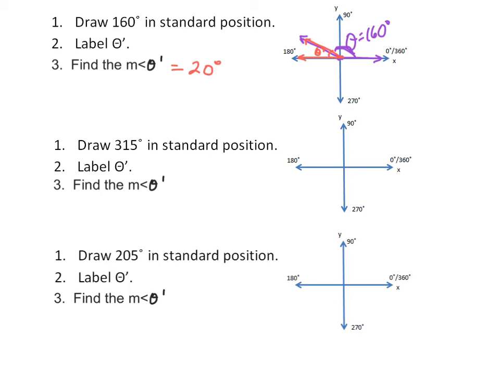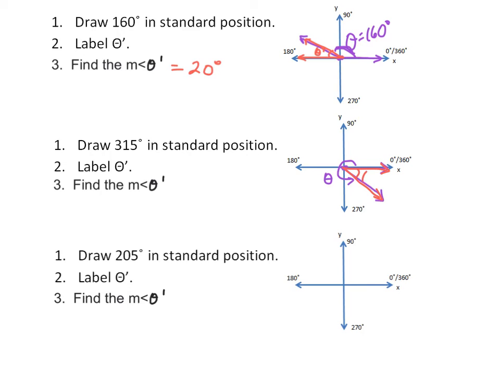Draw a 315-degree angle. All right, here is our original initial side. 315 degrees will be right in between 360 and 270. So that is theta. And then our reference angle will go from that terminal side of our original angle to the nearest portion of the x-axis, which is right here.